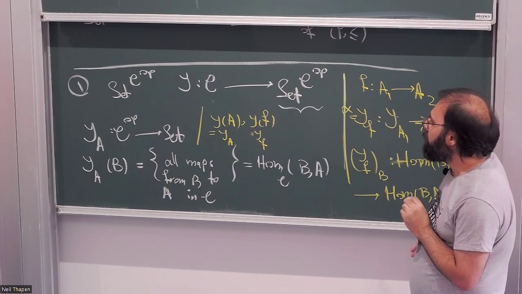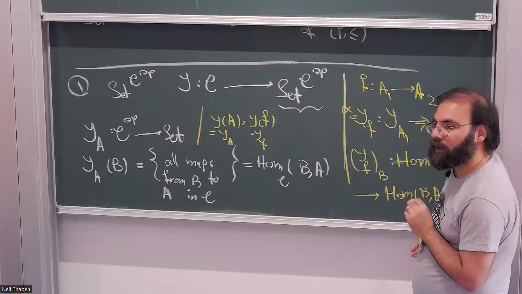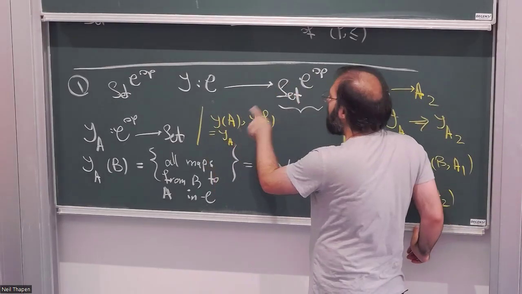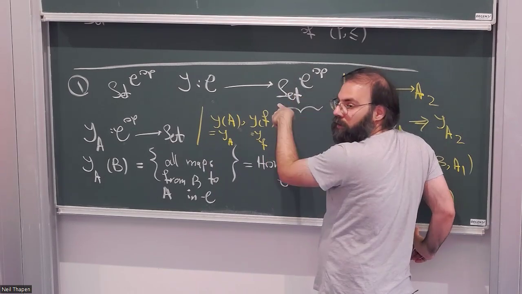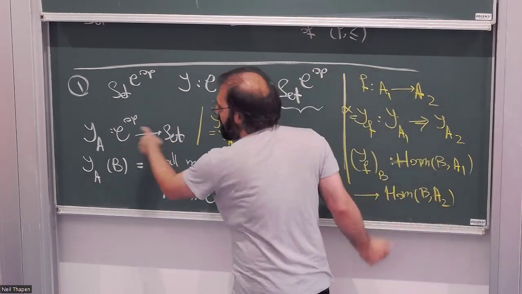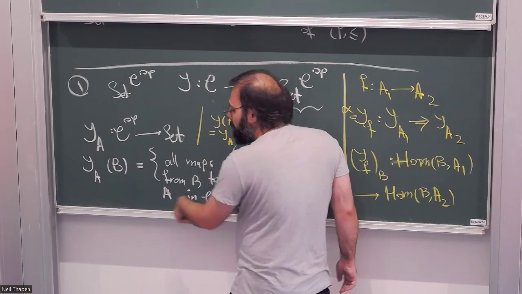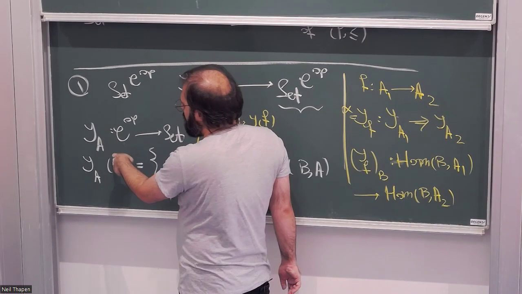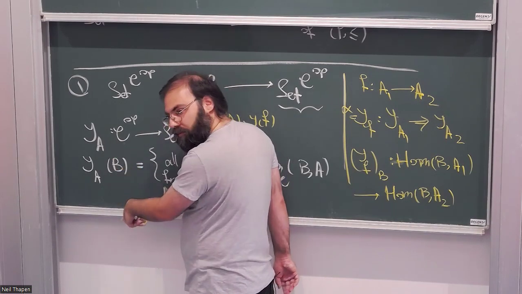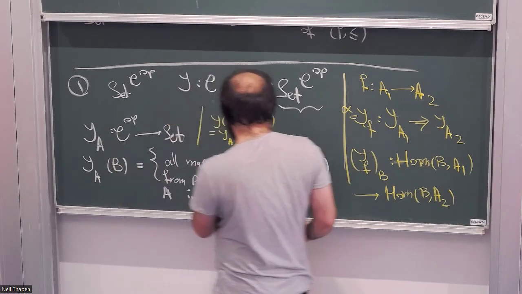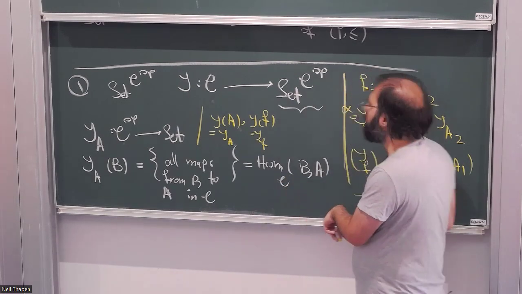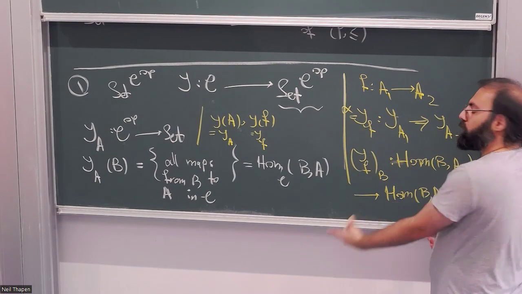I have to define Y of A, whatever it is here. Therefore, it should be a functor from C opposite to Set. So I have to define a functor now, on objects and on morphisms, but what I'm saying is that it is actually the Hom functor, and on morphisms, just composition.